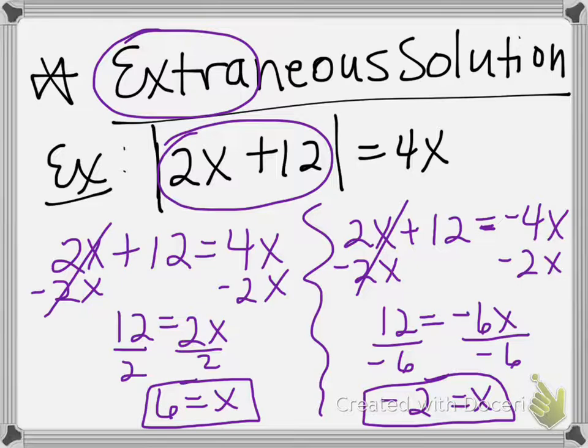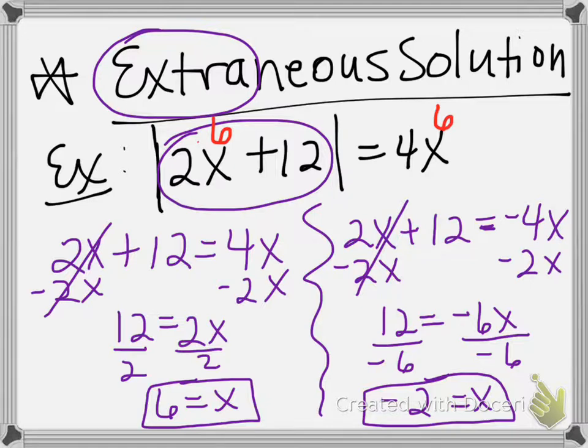Okay, so I know one of these solutions is extraneous because that's why I picked this problem. How do we know if it's extraneous? Well, you have to go and plug it back in. If I were to plug 6 in for my x on both sides, I would have 2 times 6 is 12, plus 12 is 24.